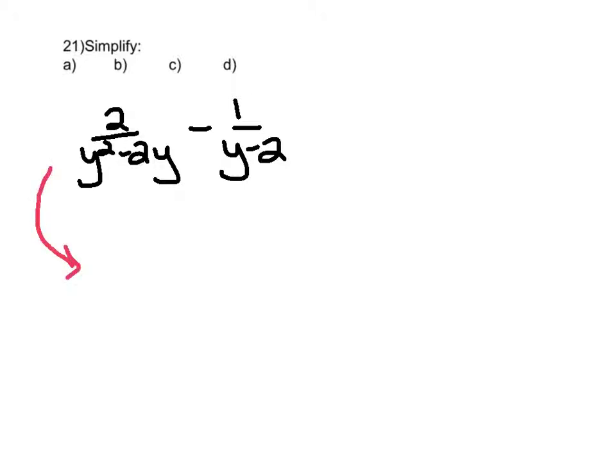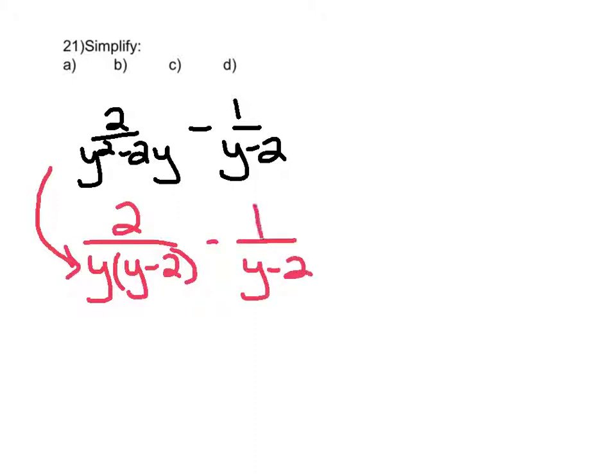We can pull the GCF of y out of both of those things in our denominator, and we'll rewrite. And then this can't be broken down any further. So what we have now is this. Now, to make these a common denominator, you're missing this piece over here.